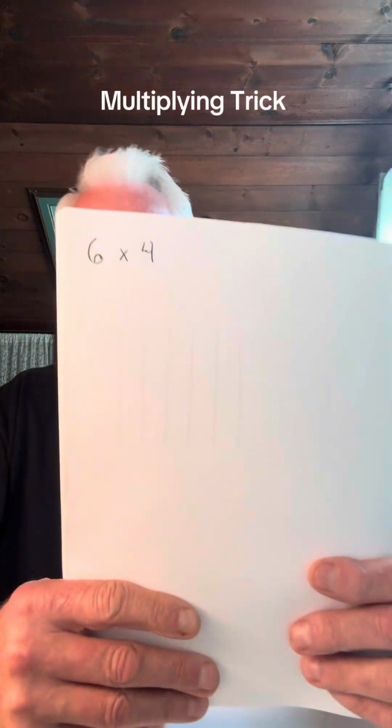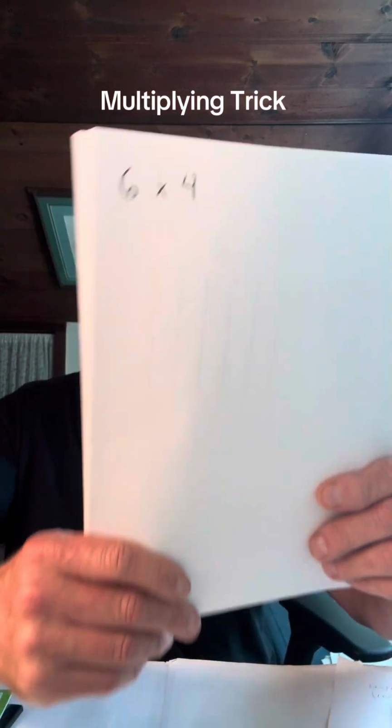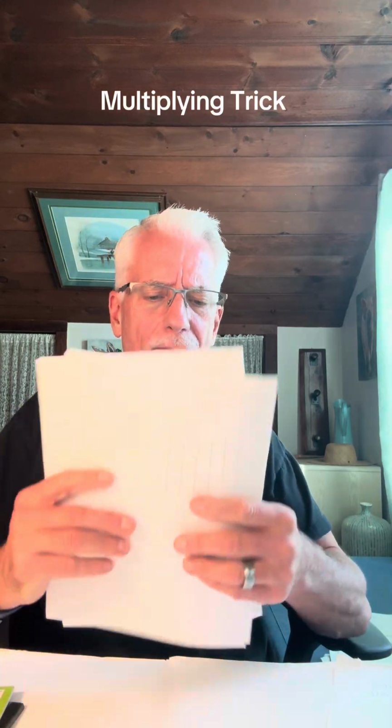If I did this one, I think it's 6 times 4. If you don't know what that is, go ahead and do 6 lines one way and then 4 lines the other way. So I did that right here.